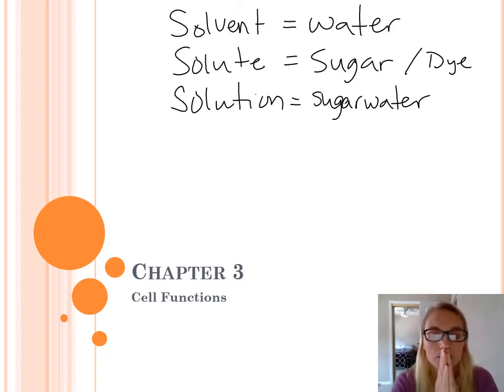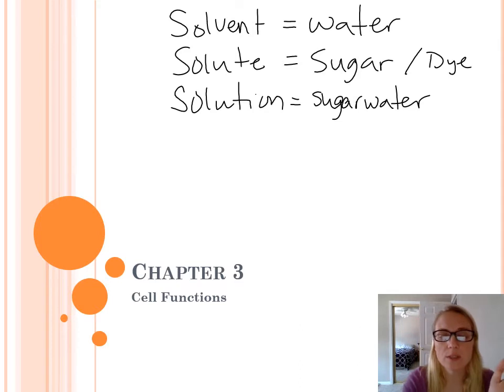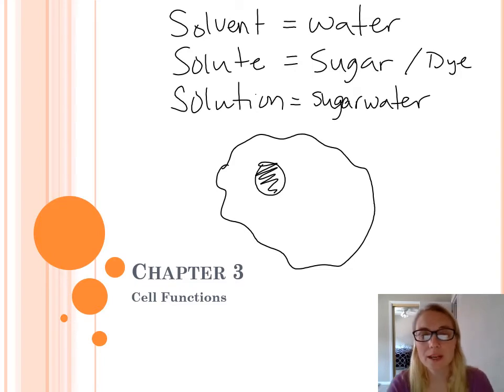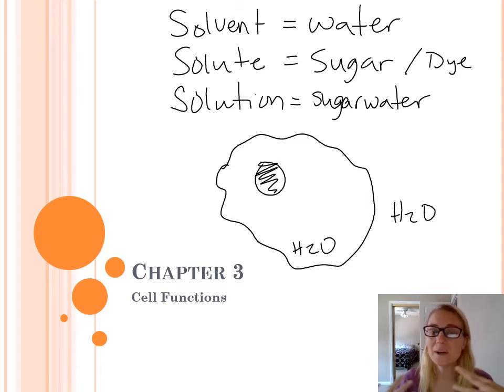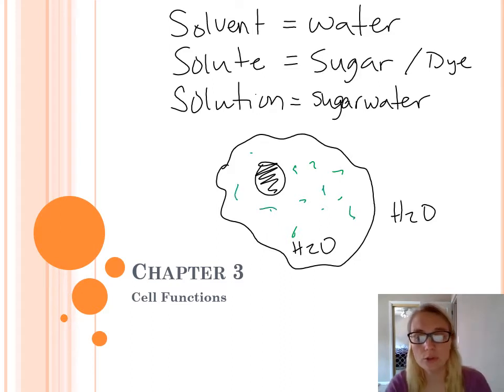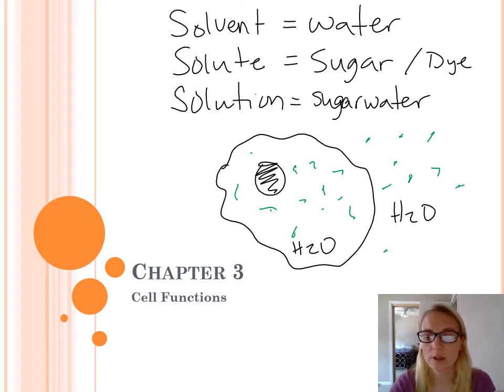The reason why this is important is because of cells. I'm just going to draw a generalized cell with the nucleus. The cytoplasm is mostly water, and the environment around a cell is mostly water, but not completely water. We're going to have things, these little squiggles, that are solutes inside the cell, and solutes outside of the cell.